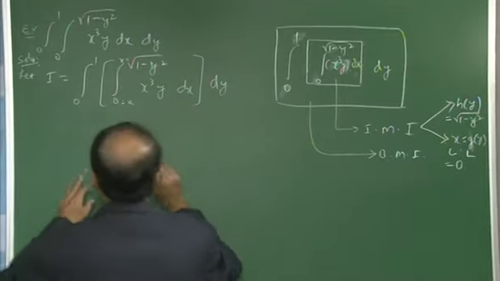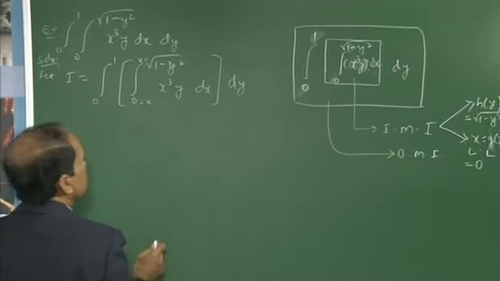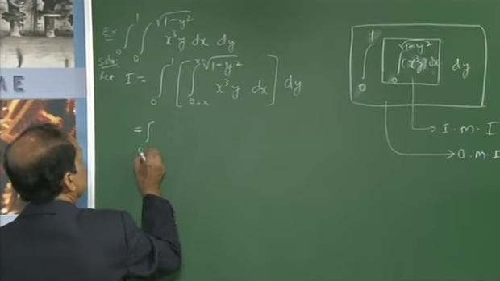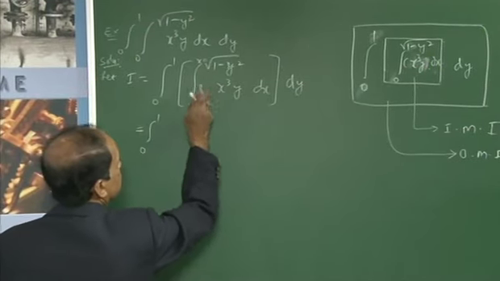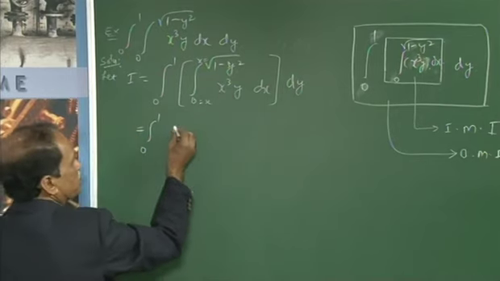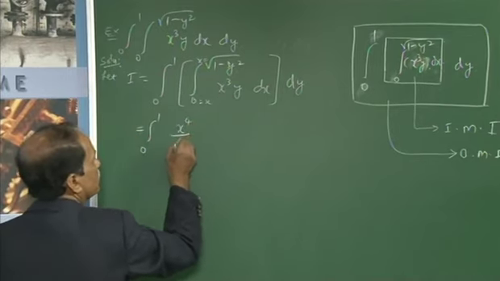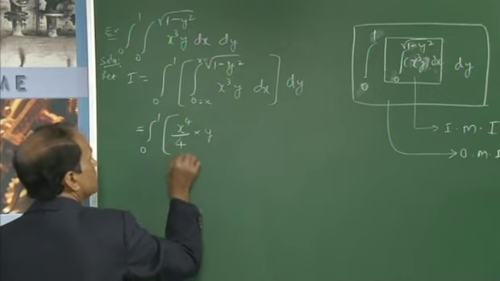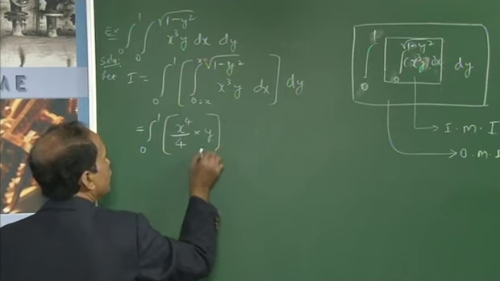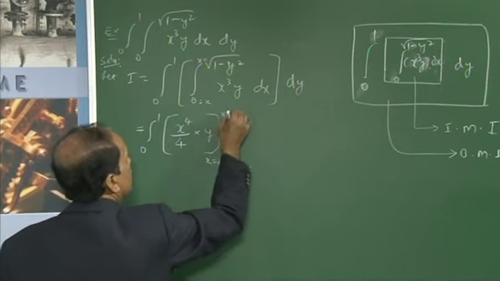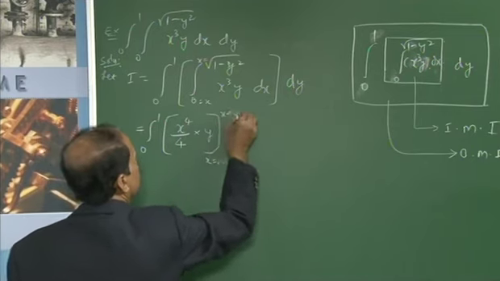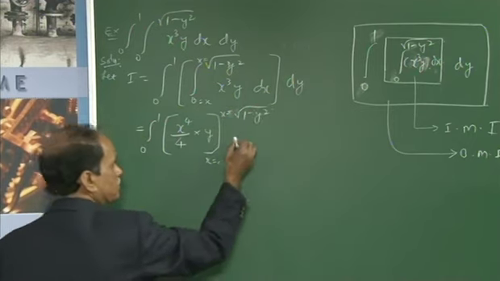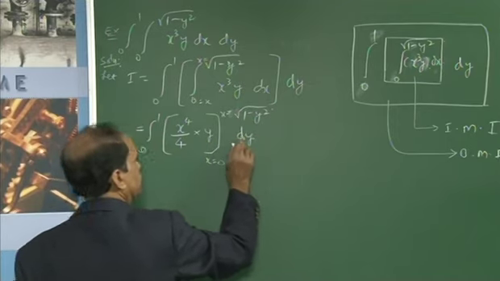Now, you have to integrate only with respect to x, keeping y as constant, so that your integration gives 0 to 1, and here x cube with respect to x means x to the power of 4 divided by 4, keeping y as constant, and you apply only for x equal to 0 and x equal to square root of 1 minus y square, and then it is dy.